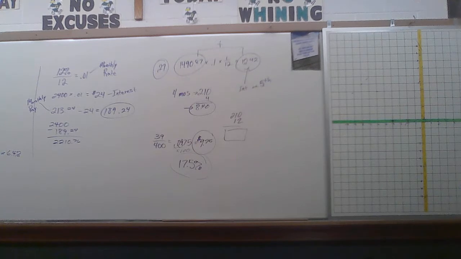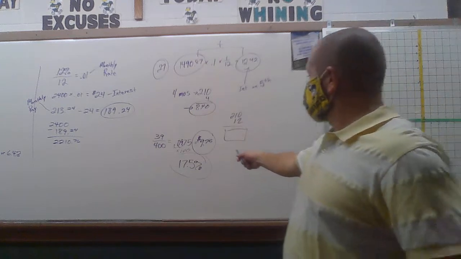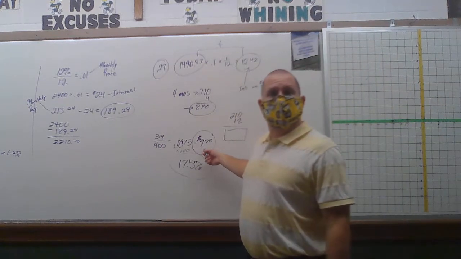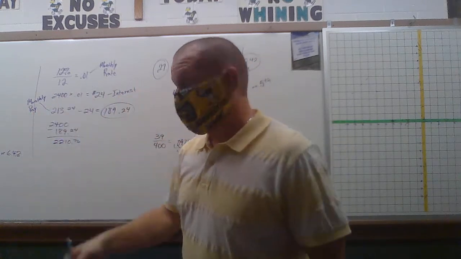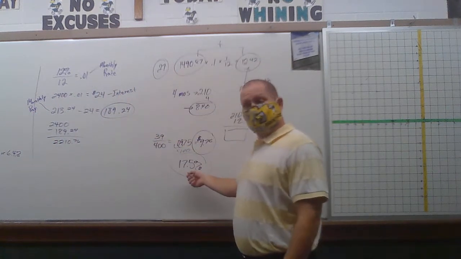All right, questions there? Yeah, so is there two answers then? Finance charge? Yep, right here, 9.75 is one answer. And then we take 9.75 to the chart and use it with 12 months to get 17.5%.